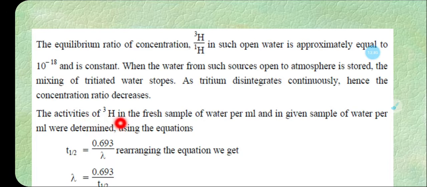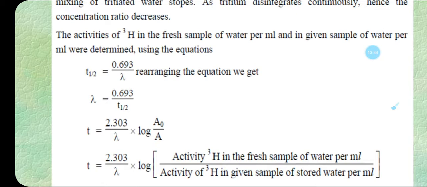The activity of tritium in a fresh sample of water per ml and in a given sample of water per ml is determined by using this equation. So this is the well-known equation, that is T1/2 is equal to 0.693 upon lambda, that is the decay constant.